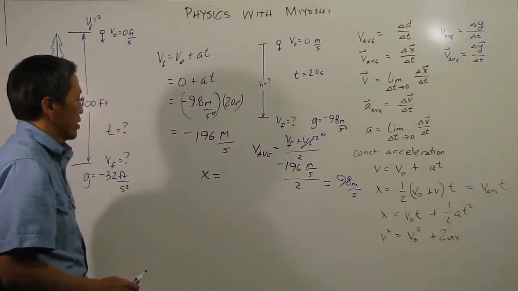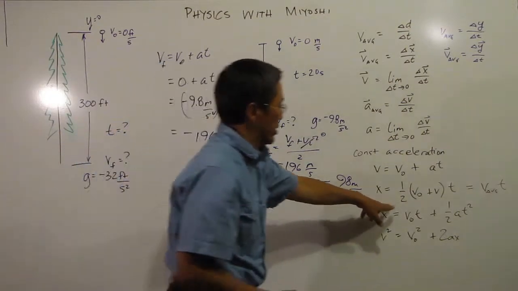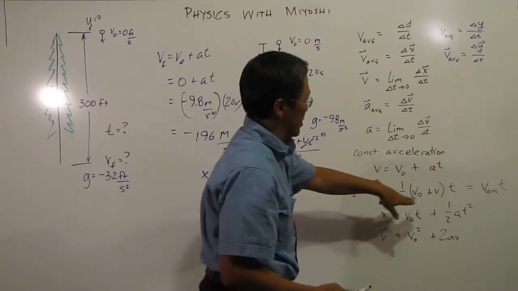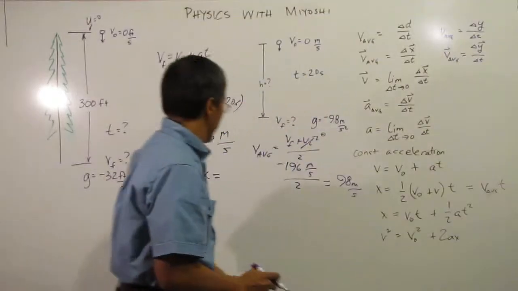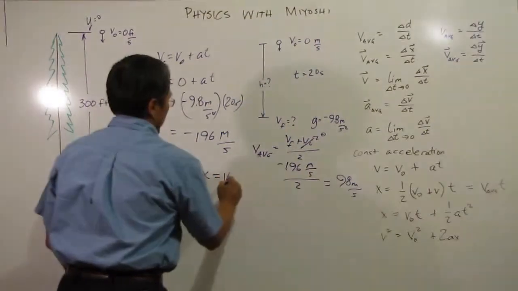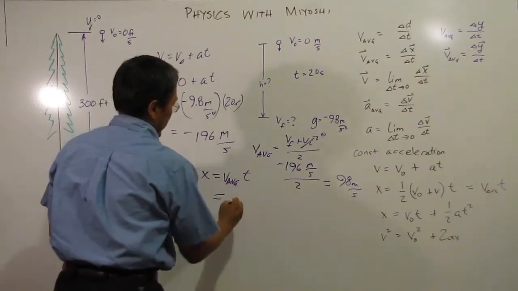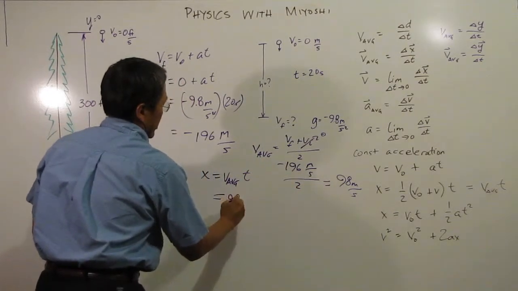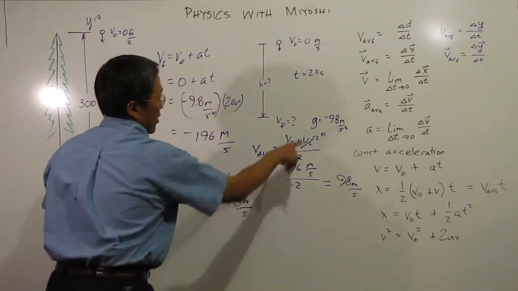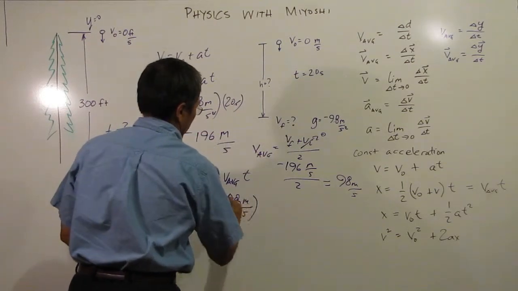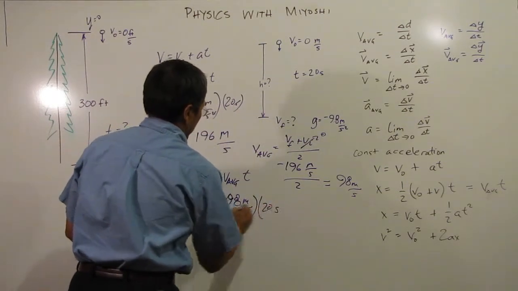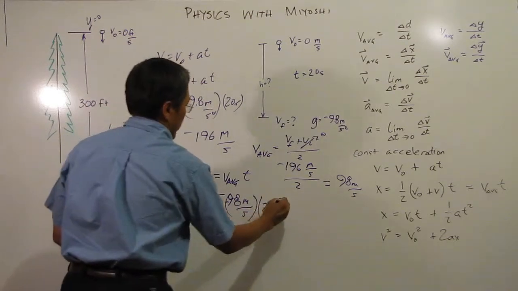And then we can use this equation here. Distance is V average times time. We know our V average is 98 meters per second. Our time is 20 seconds. Oops, that's a negative because it's going down.